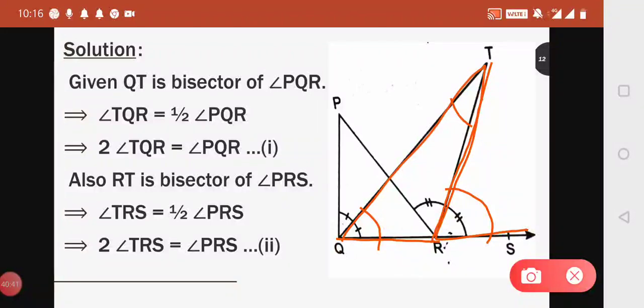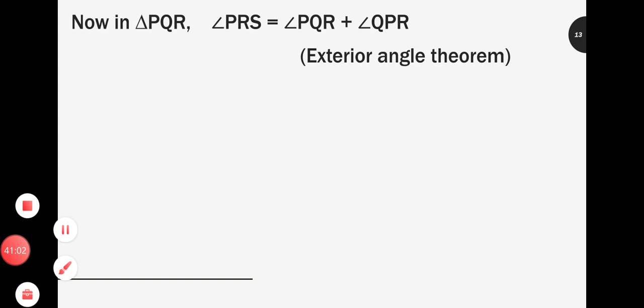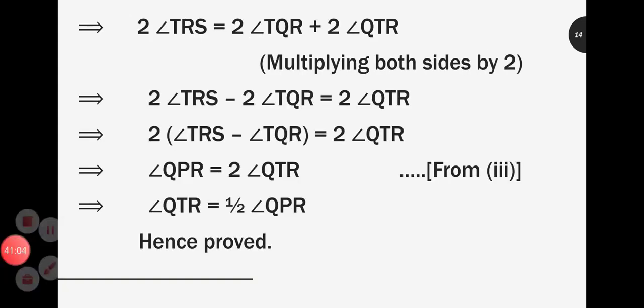Then multiplying both the sides by 2, we will get the similar value. Then we have to transpose, so we will get the value, and then we will insert the value of equation 3. So in this way, you have to remember step by step to prove the question in an easy way.